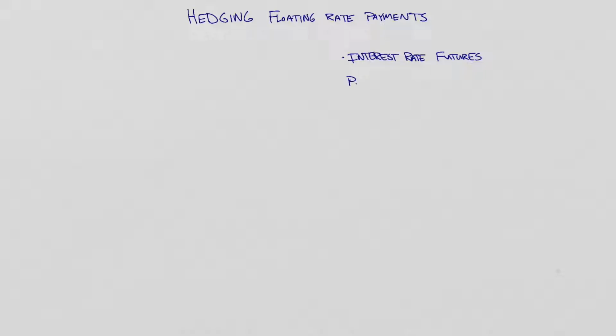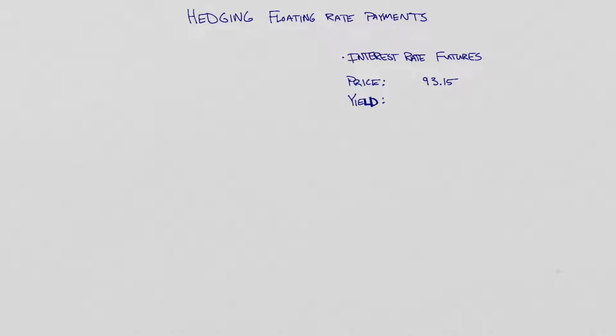So let's say, for example, that we're looking at an interest rate futures contract and its price right now is 93.15. The way we get a yield from this interest rate futures contract, remember, an interest rate futures contract is just like a bond, and just like any bond, a bond has a yield as well as a price.